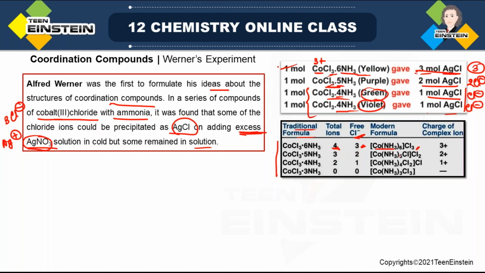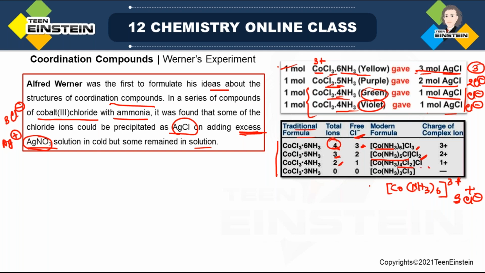Because from this you will get this type of cation 3+, and you will get 3 anions. That means 1 cation, 3 anions. So the total number of ions is 4. Similarly, for the second one, you will get 1 cation, 2 anions, so it is 3. Then 1 cation, 1 anion.